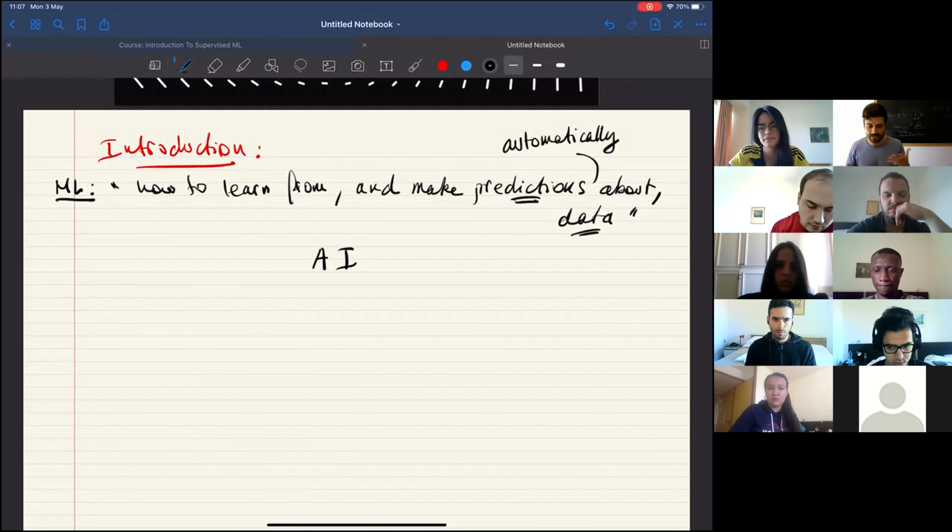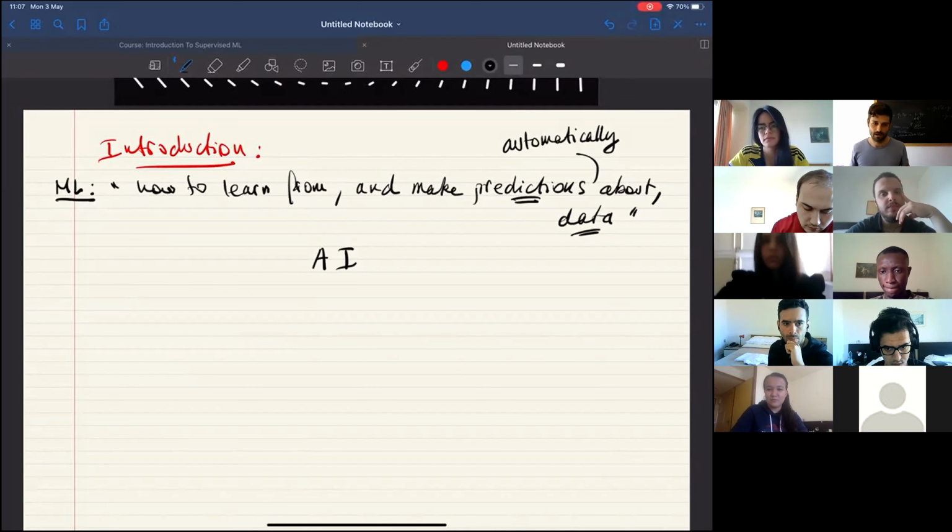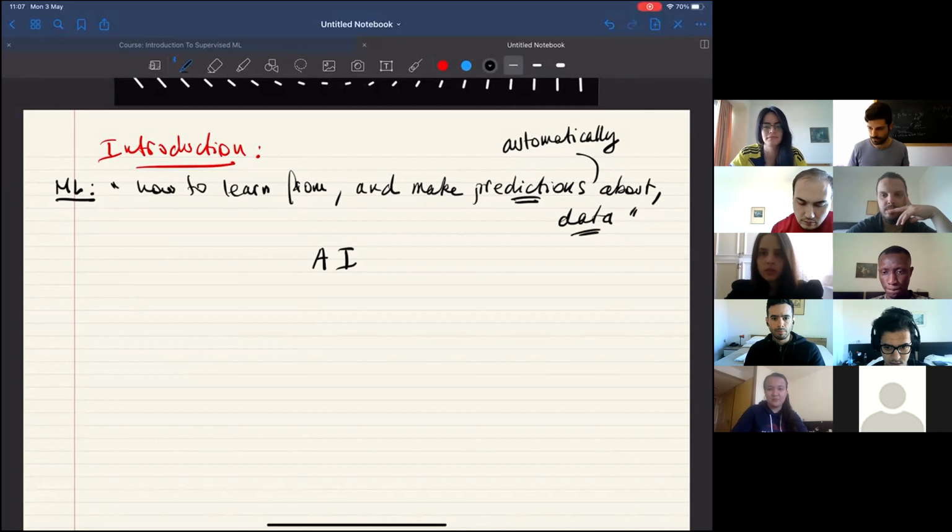Nowadays, machine learning is really the part of AI that is moving forward the fastest. This is where the most research is done, and it's a very exciting research field. So I advise you to know a bit about it. That's why you're here. So that's great. So in AI, you have a subpart, which is machine learning.